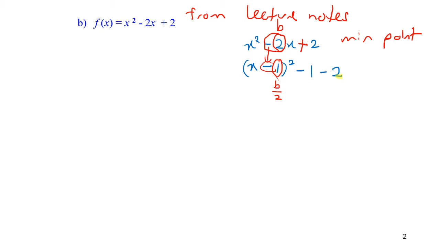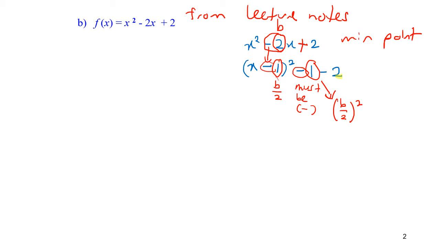Outside, it must be negative over here. And the 1 here also refers to b over 2, but we have to square the value of b over 2. In this case, the value of b over 2 is 1.